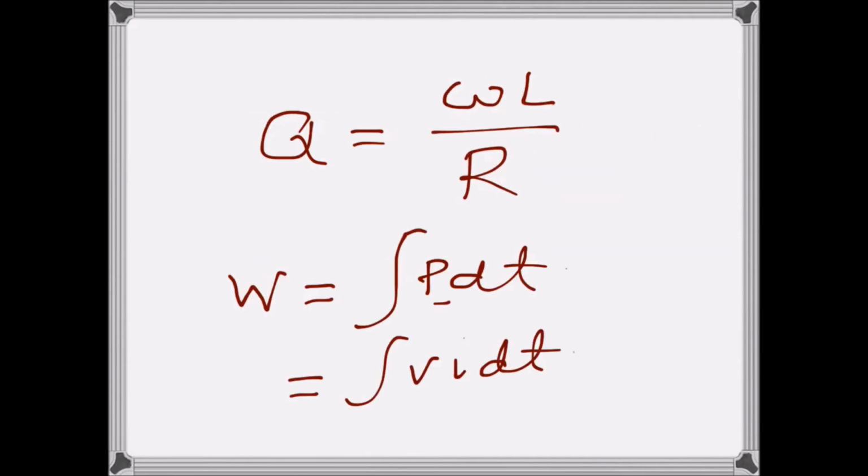So if we go back here, we have this V I dt, but we want our variable to be I instead of t. We know that the voltage drop across the inductance is given by L times di over dt. So we will substitute V by this one.